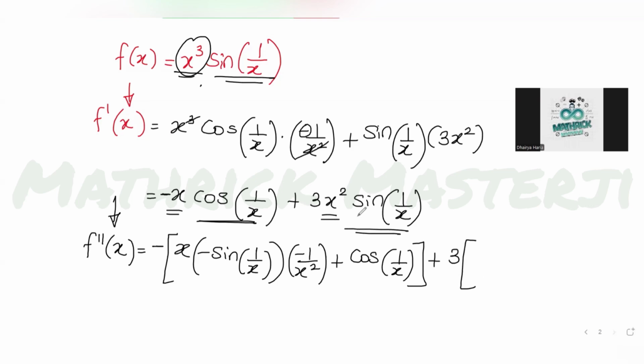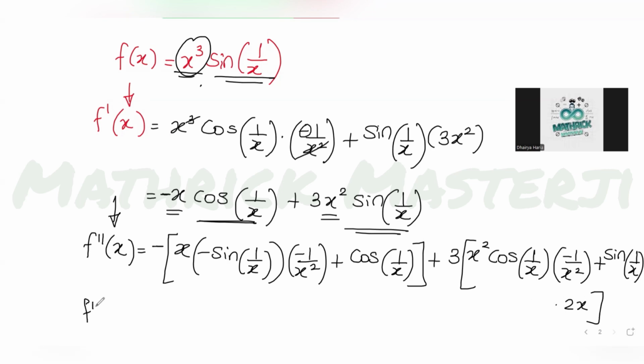Using the product rule again, I get x squared cos of 1 over x into derivative of that, which is minus 1 over x squared, plus sine of 1 over x as it is, derivative of x squared, which is 2x. So we get this entire thing.